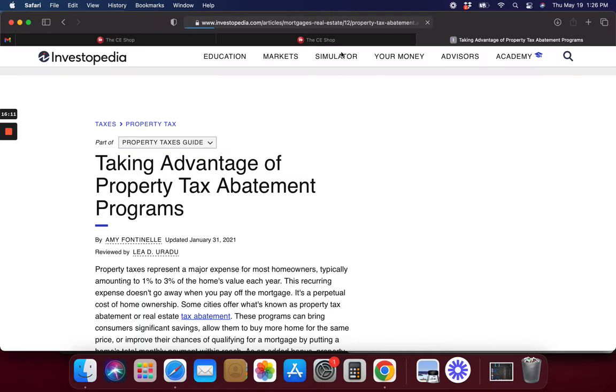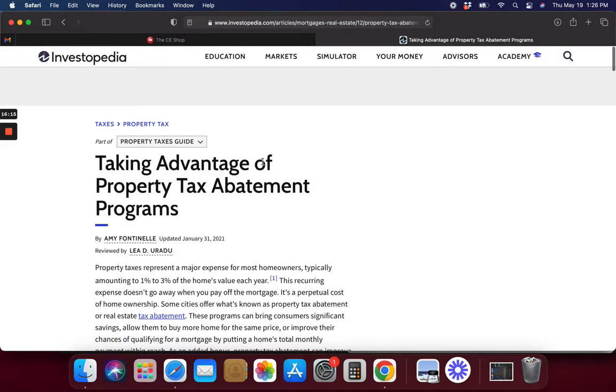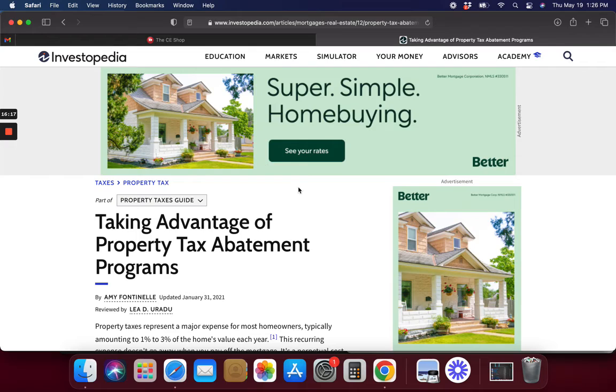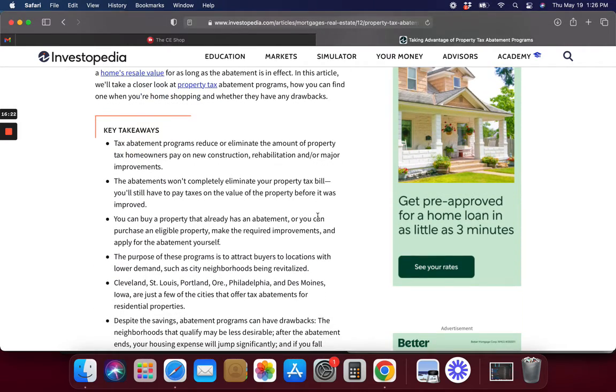Open a new tab. Okay, this is a website they put up here. Investopedia. Tax abatement programs reduce or eliminate the amount of property tax owners pay on new construction. And this is good to know, right? Attract buyers to locations with lower demand.